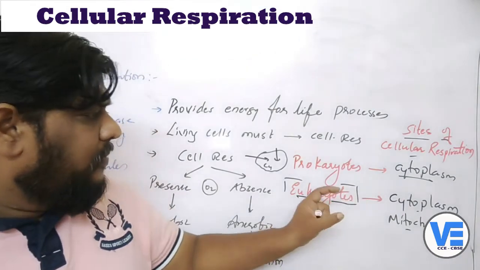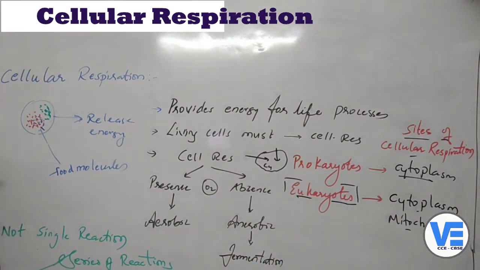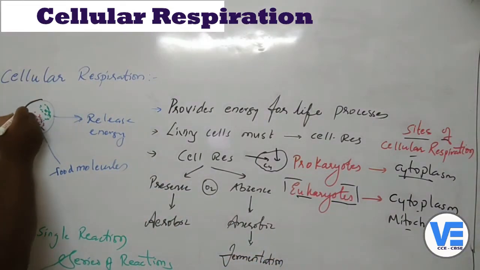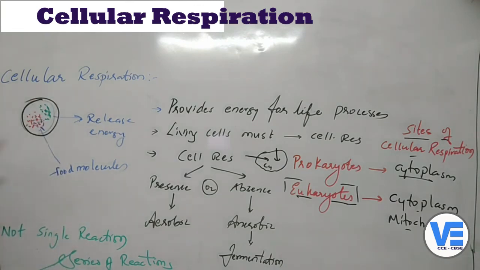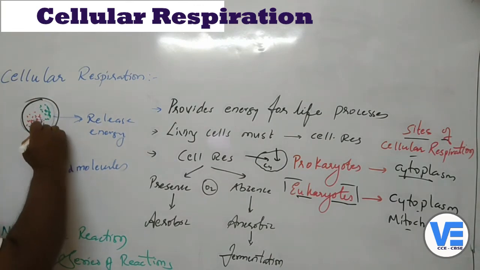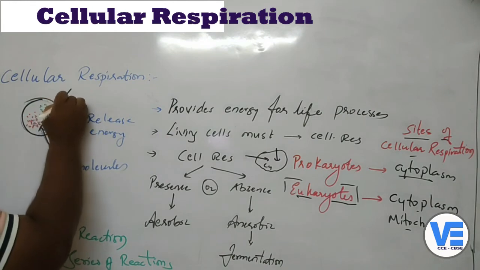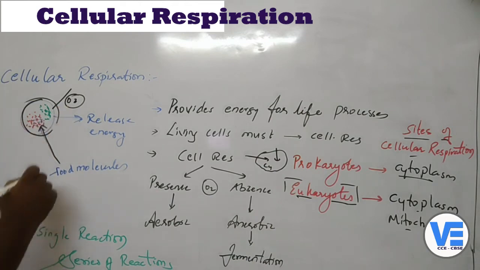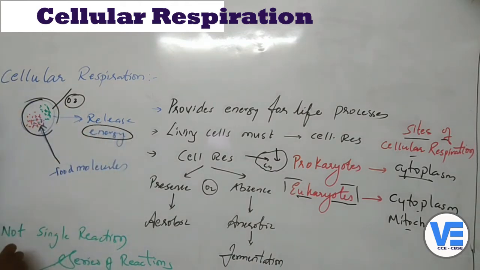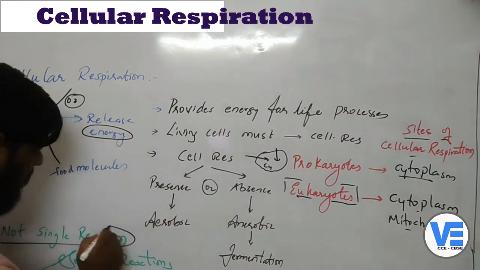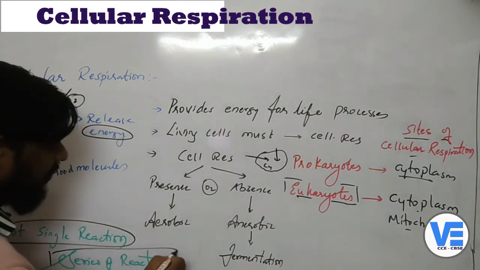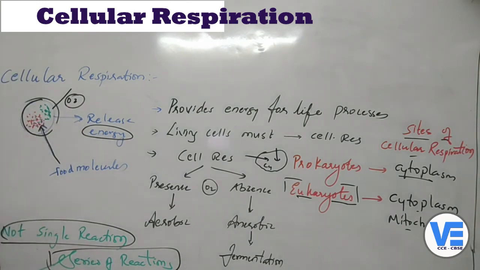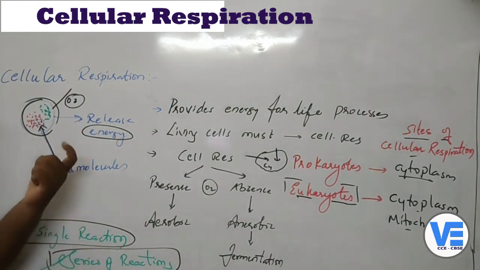Now we'll come to this particular part here. We have taken that this is the cell, right? Now the food molecules entered into the cell and the oxygen also entered into the cell. But just because the food molecules and oxygen enter the cell, energy will not be released. It is not a single reaction, it is not a single step of reaction. It will take a series of reactions to release the energy.